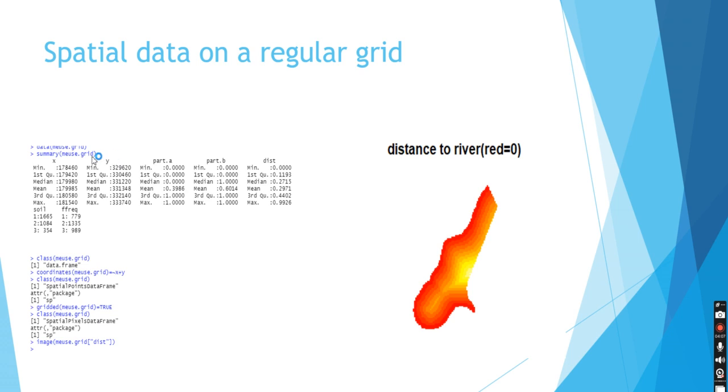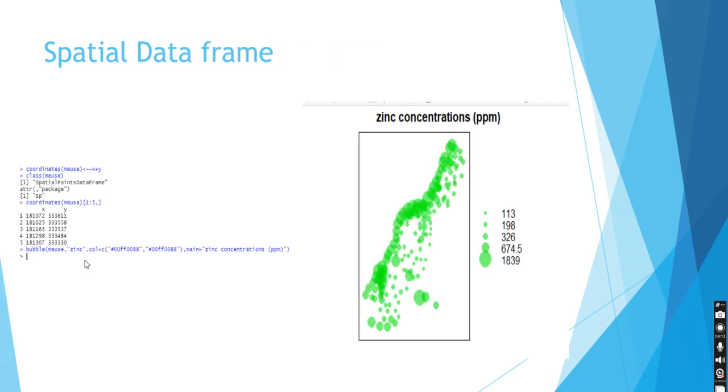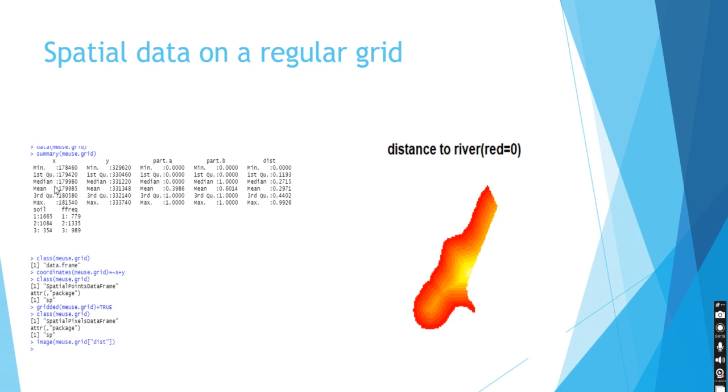If you want to see the summary of meuse.grid, you have the summary function. And the class of meuse.grid: did you see this class? In one place it gives spatial points data frame, and for meuse.grid it gives data.frame. After that, coordinates of meuse.grid equal to, and if you want to give equal to, you give like this.